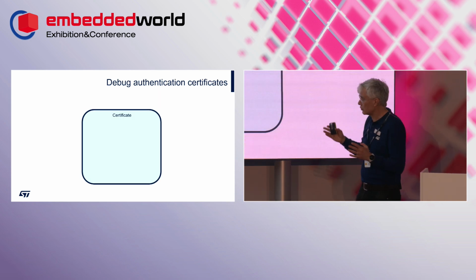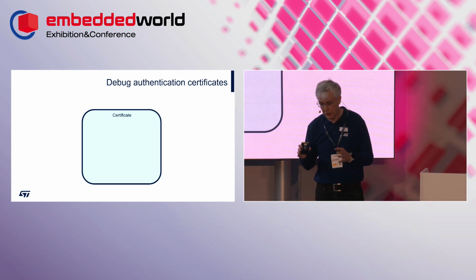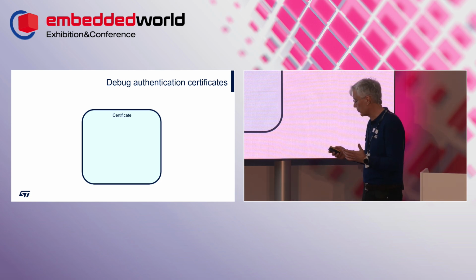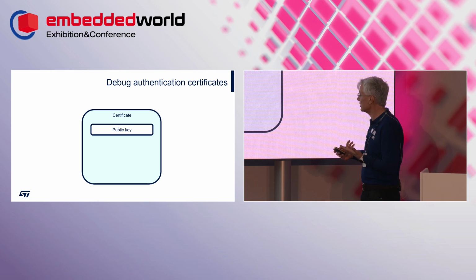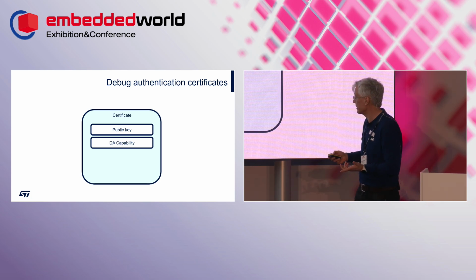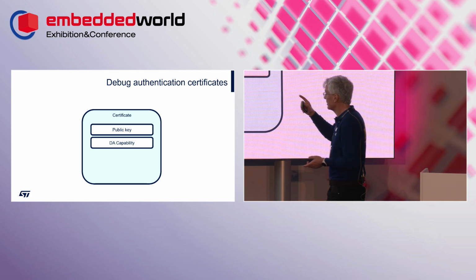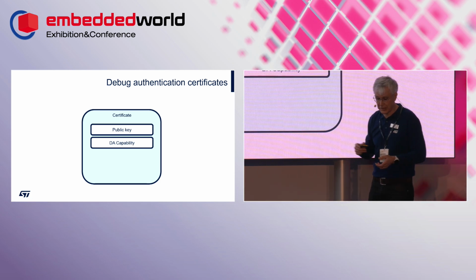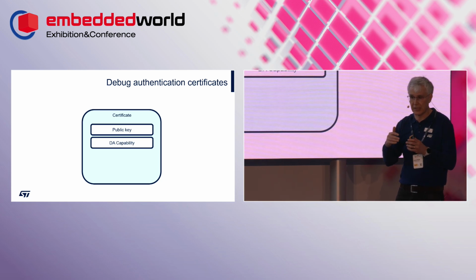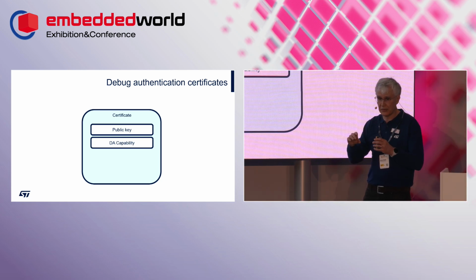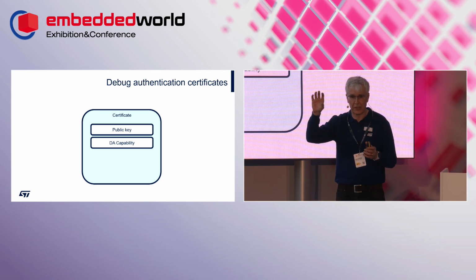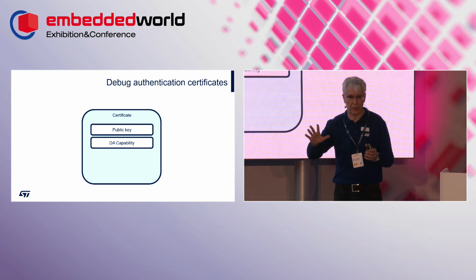Now, to be able to reopen this, we use a mechanism of a certificate. The certificate will contain information that will give you this control. A certificate is basically a public key, always. You have this information in the certificate, which is the debug authentication ability, meaning that with this certificate, you will only be able to reopen the top part, or the two, or everything.